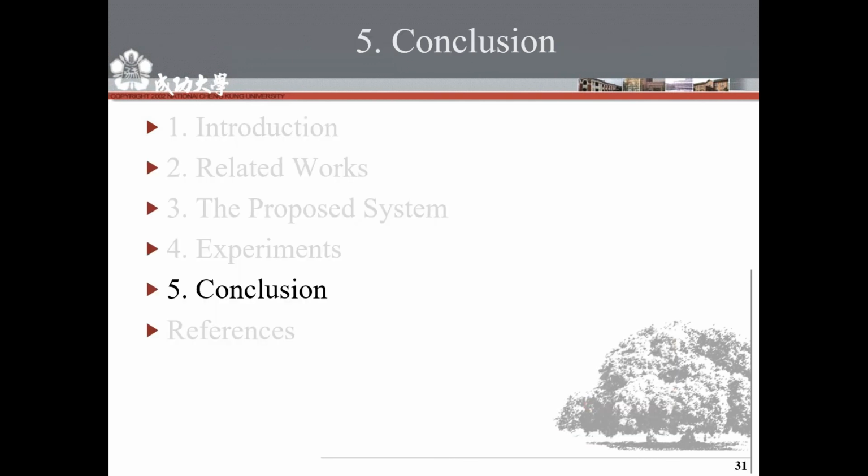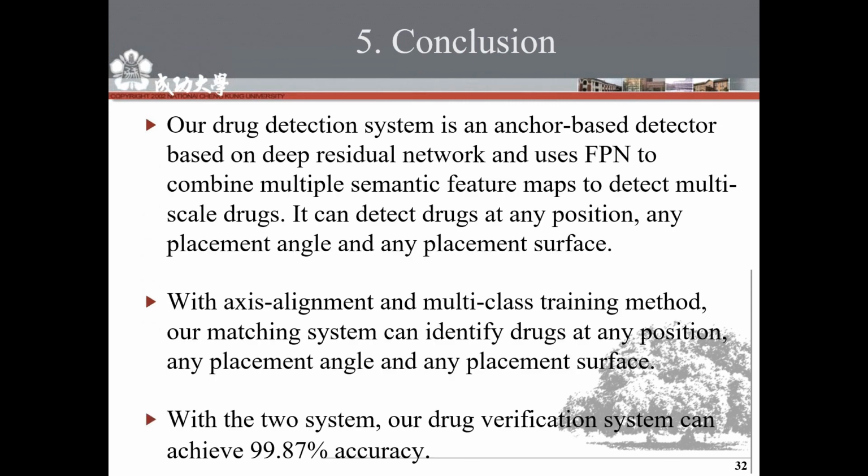And now we are going to the conclusions. Our detection system is an anchor-based detector based on a deep learning neural network and uses FPN to combine multiple semantic feature maps to detect multi-scale drugs. It can detect drugs at any position, any placement angle, and any placement surface.